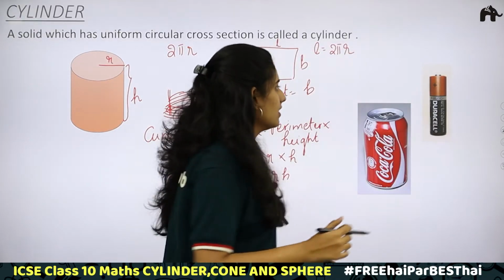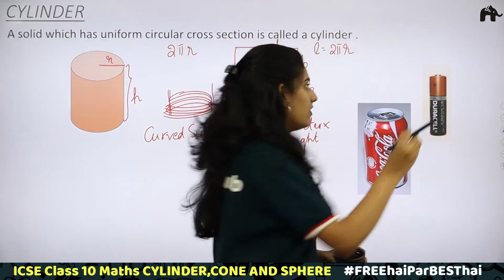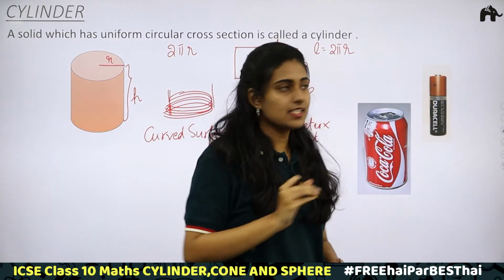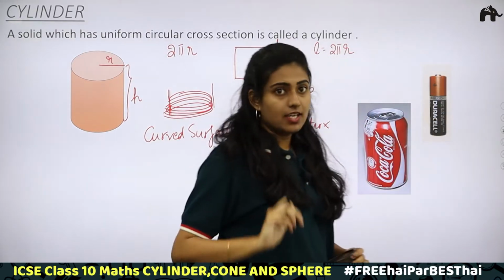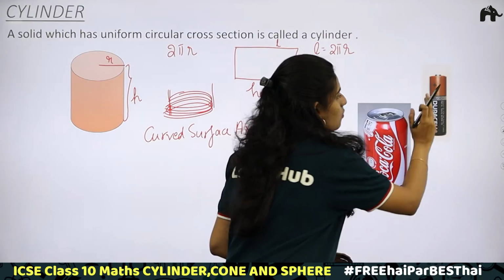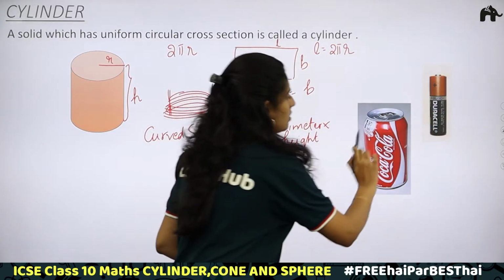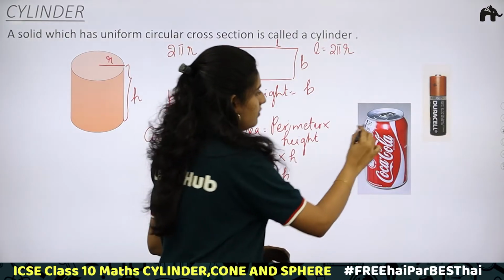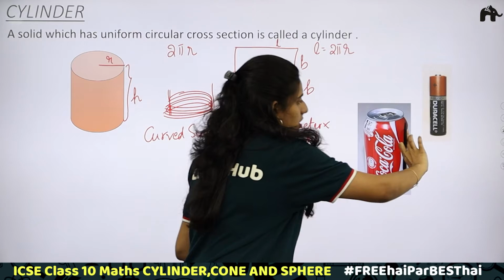Now consider here, if you measure the diameter of this battery, half the diameter is the radius, and with a scale you can measure the height. Then you can easily find the curved surface area of this battery. Come to this Coca-Cola can. Here again, if you measure the diameter, you can find the radius, and also measure the height.